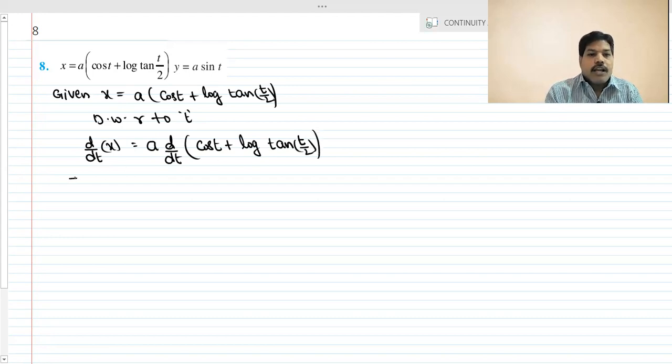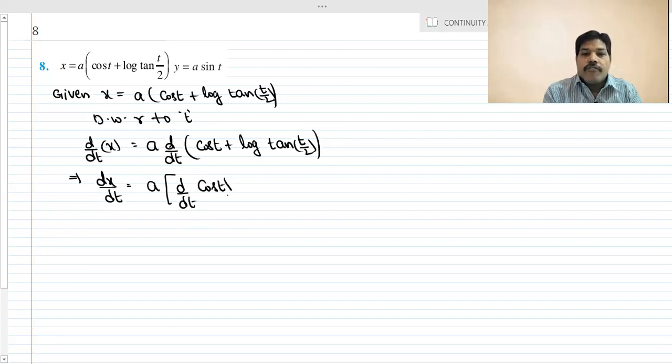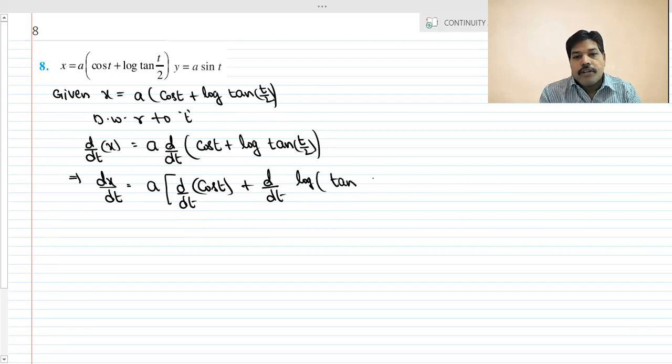So dx by dt is equal to a into the derivative of cos t, plus the derivative of log of tan of t by 2.